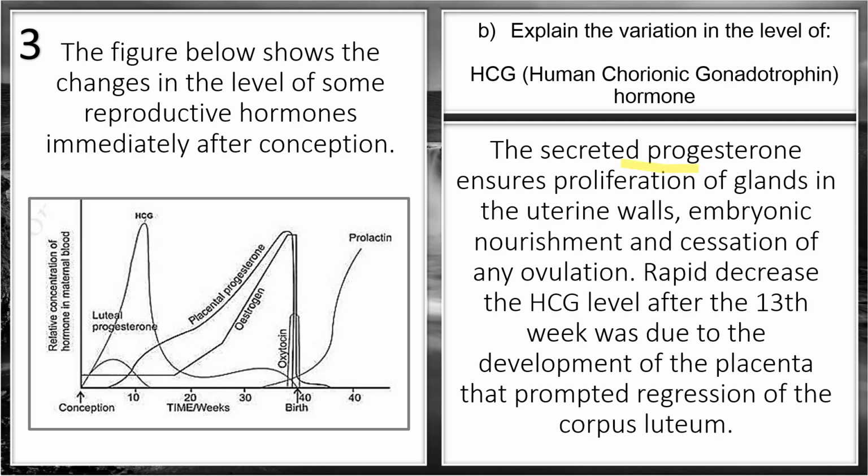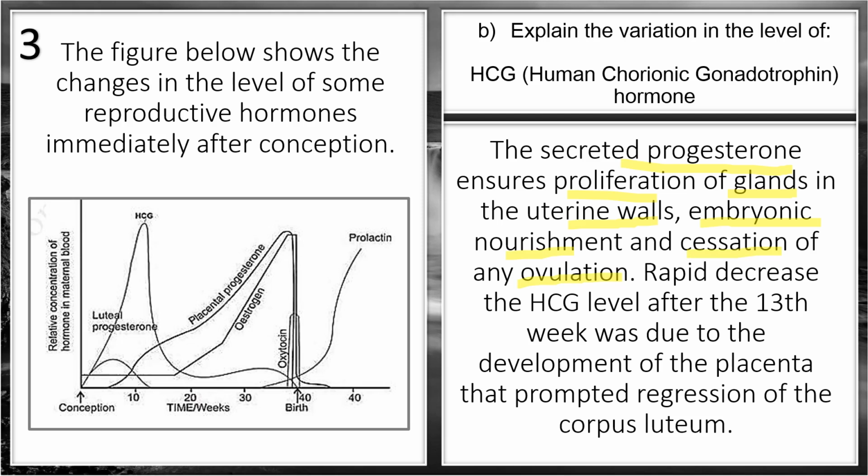The secreted progesterone ensures proliferation of glands in the uterine walls, embryo nourishment, and cessation of any ovulation.